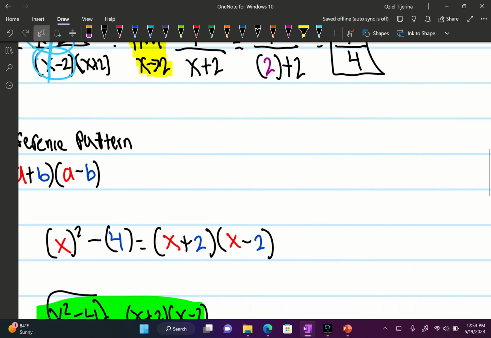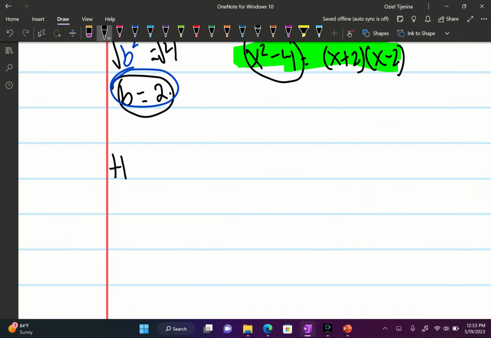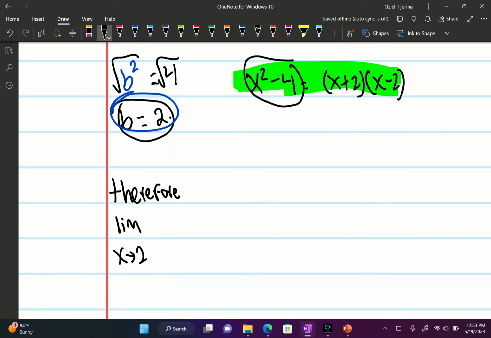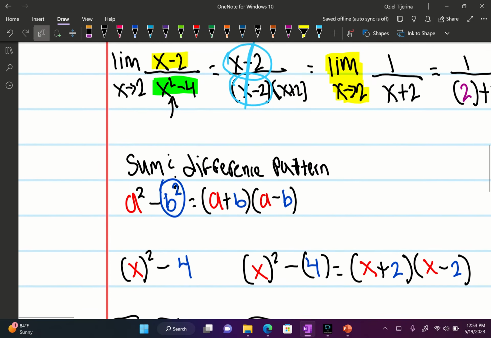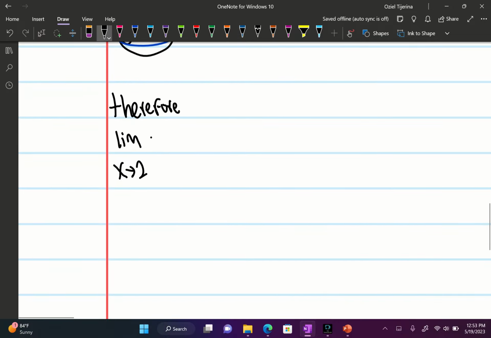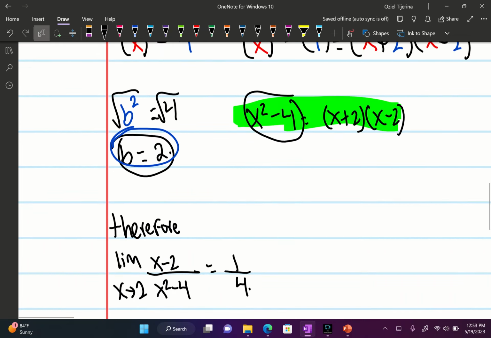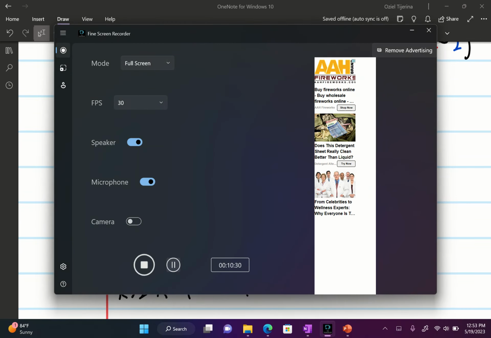So therefore, the limit as x approaches 2 of x minus 2 over x squared minus 4 would equal 1 over 4. And that is how you do this problem.